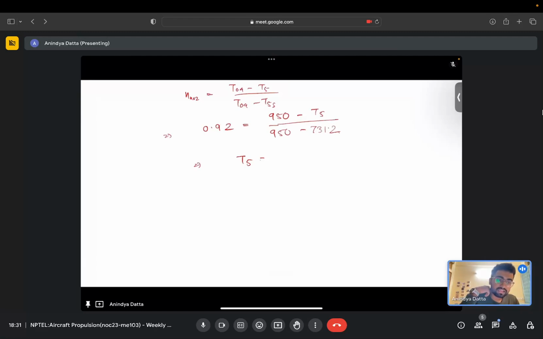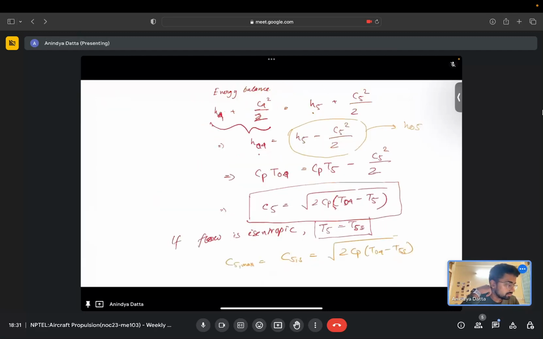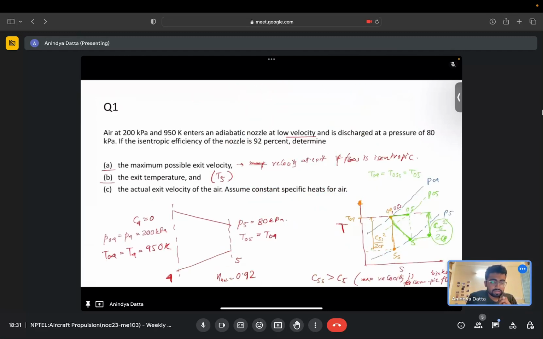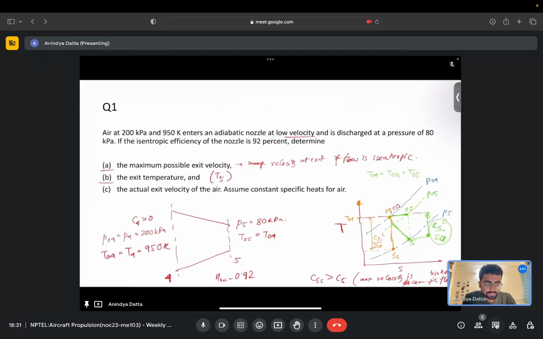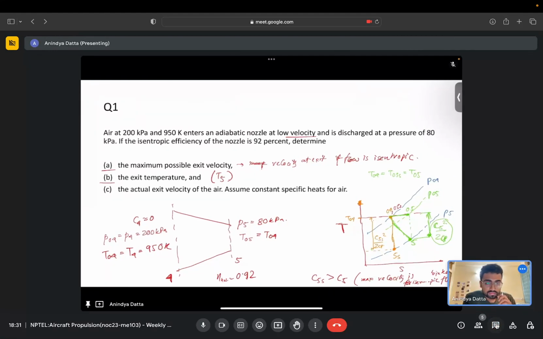Will T5 be greater than T5s or lower than T5s? Anyone? Just tell me, seeing this diagram.